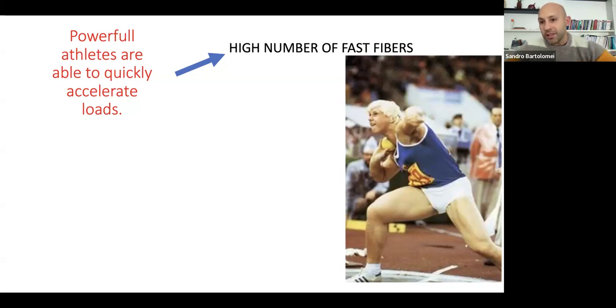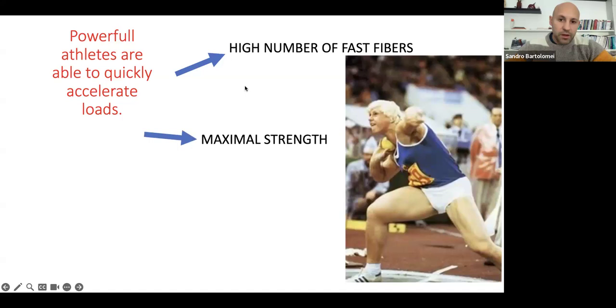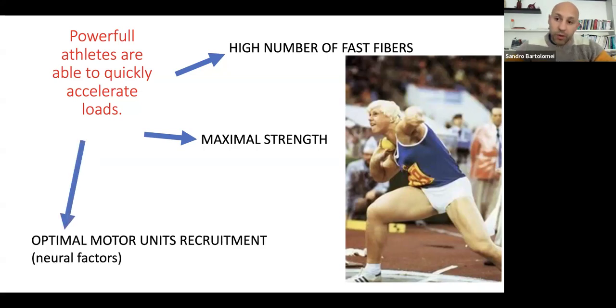And fast fibers are much more prone to increase their size via hypertrophy compared to slow fibers, okay? Typically, powerful athletes are able to produce very high maximum tensions. Why? Because they have a lot of fast fibers. And typically because they are also strong in order to be powerful.